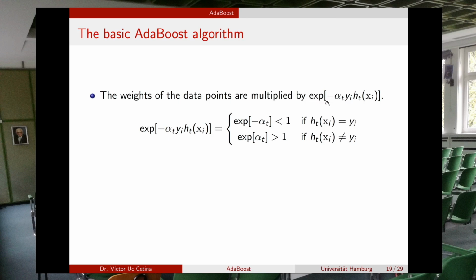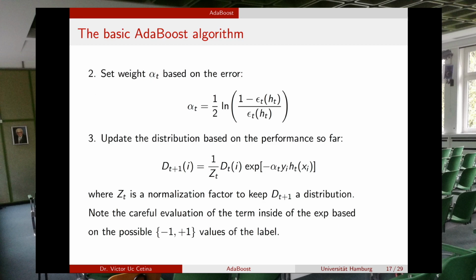So this expression appears, let me go back, in step 3 of the algorithm, exactly here. So we use this number to change the value of the weights of each of the examples I.